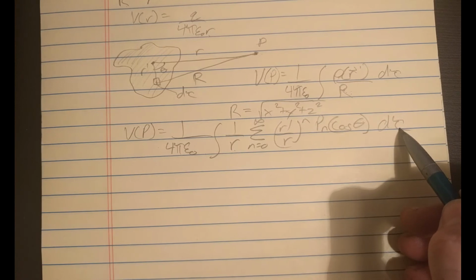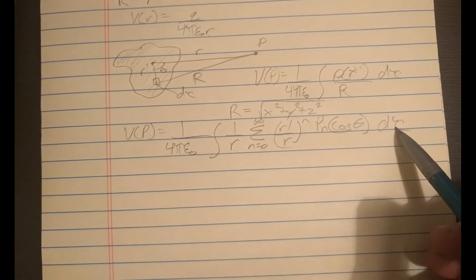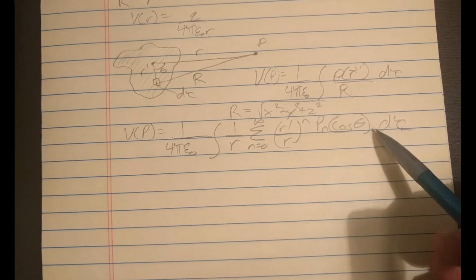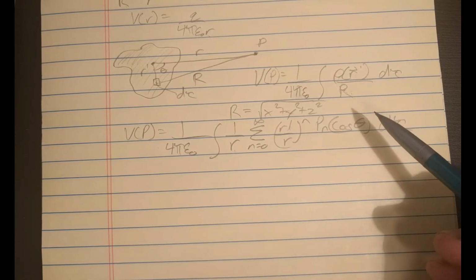In other words, d tau is just our volume element. So the only dependence we have inside this integral is this r prime part. We can take everything else outside the integral.